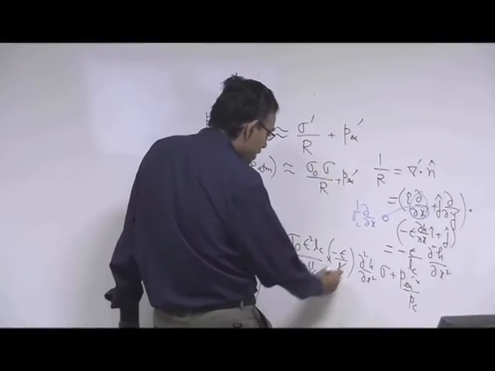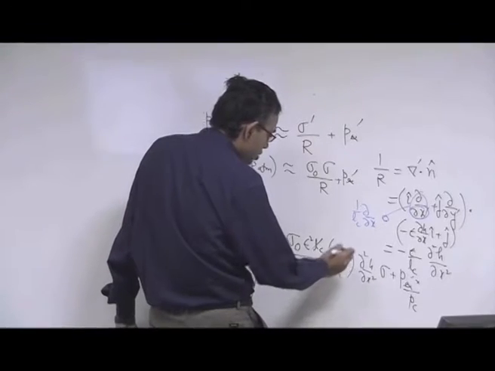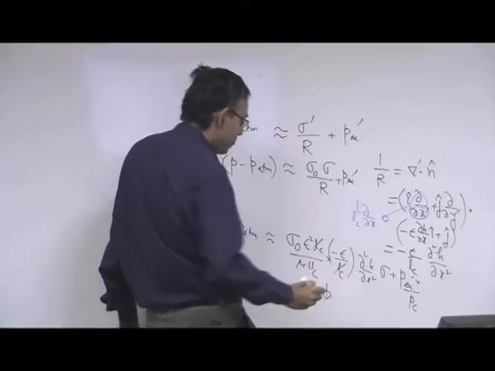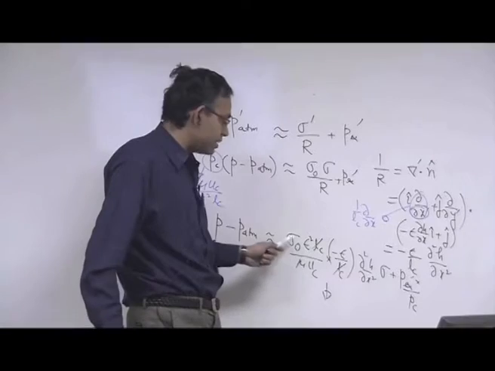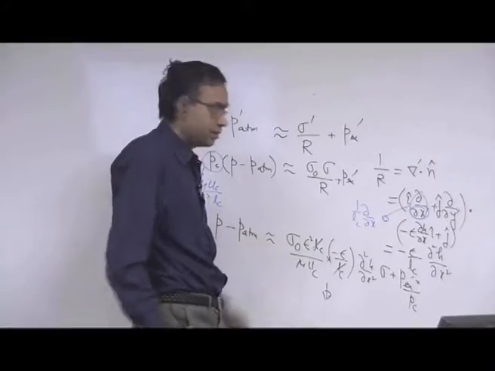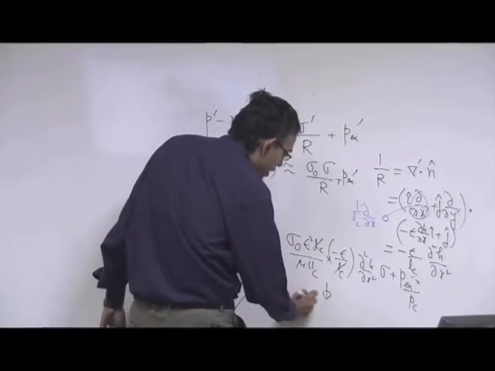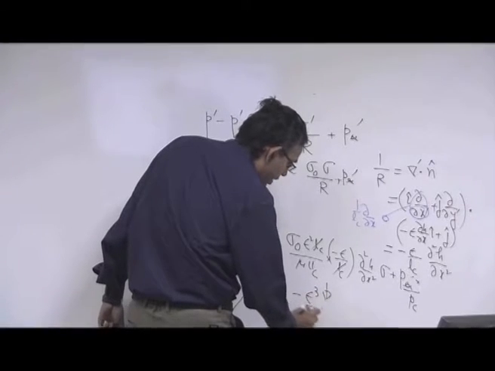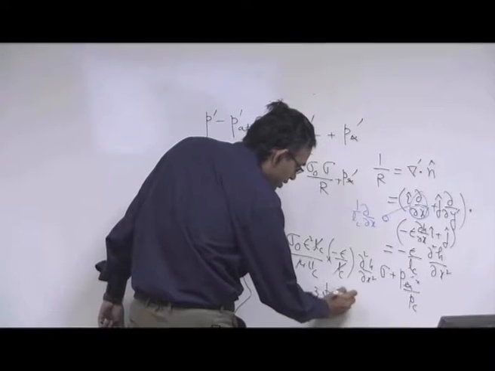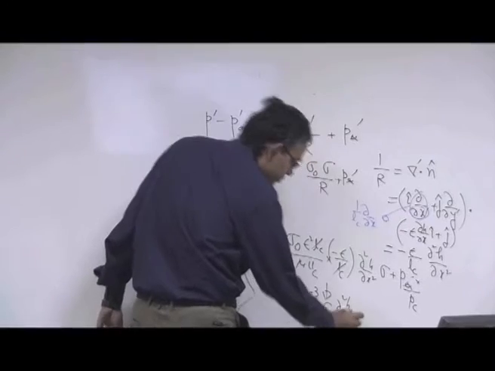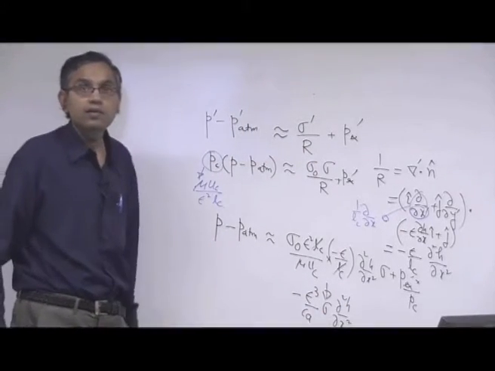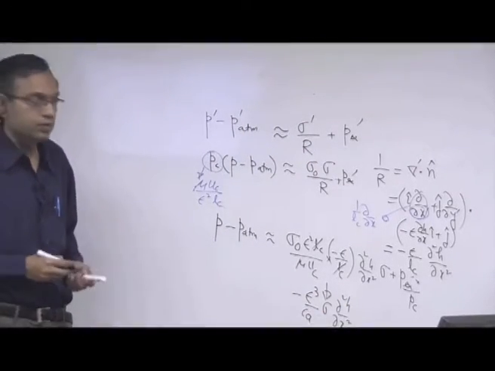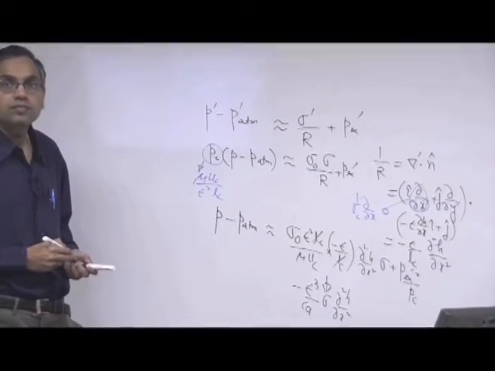Right. So here Lc and Lc get cancelled. So this term becomes mu uc by sigma 0, which is the capillary number. So minus epsilon cube by capillary number sigma del square h del x square. Okay.